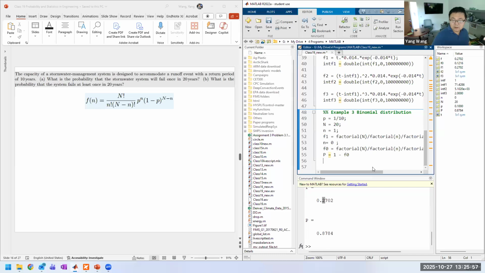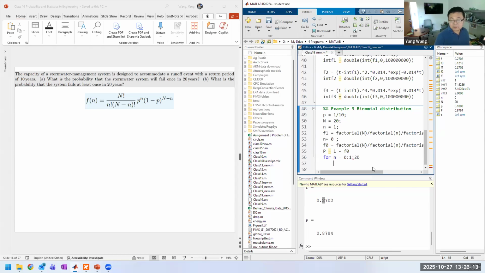And here, we can use a for loop, right? So basically, we can define for n having the value of 0, 1, 2, up to 20, because it can fail 20 times, once every year, within this 20 years. So then we can have the F, let's say n plus 1, being this whole thing here.